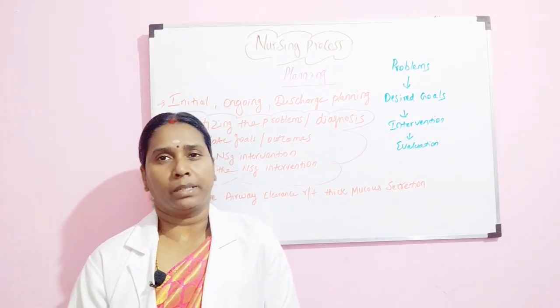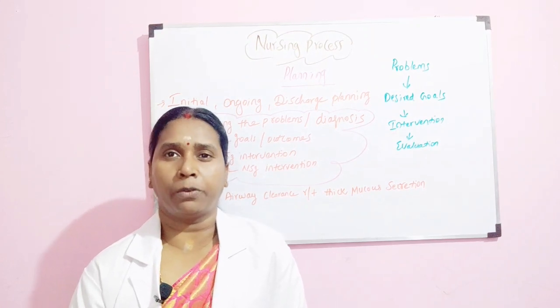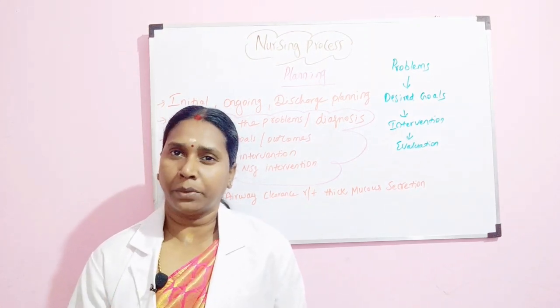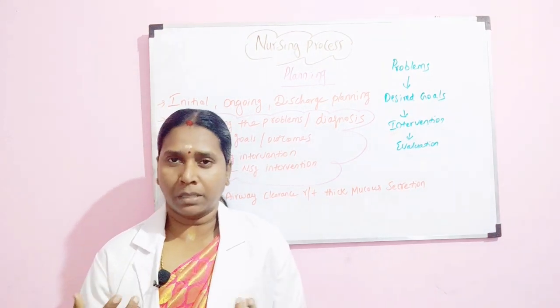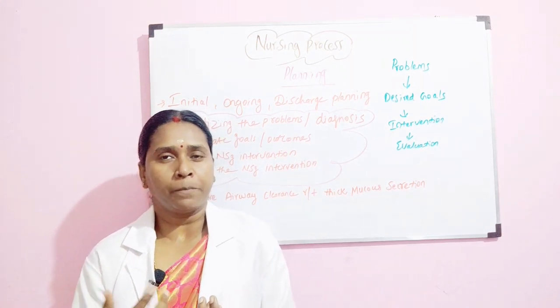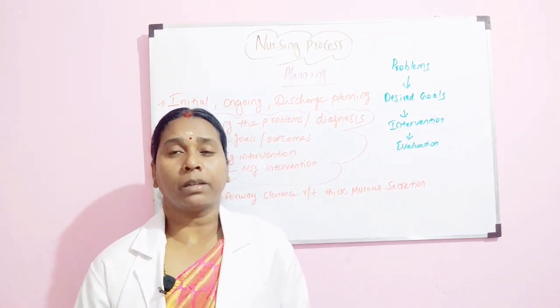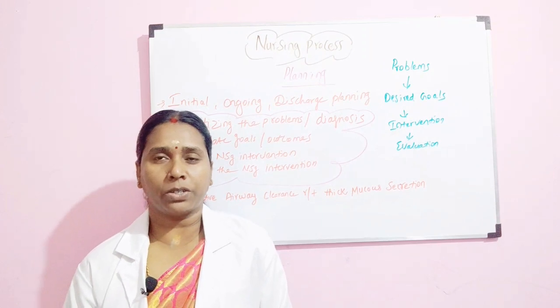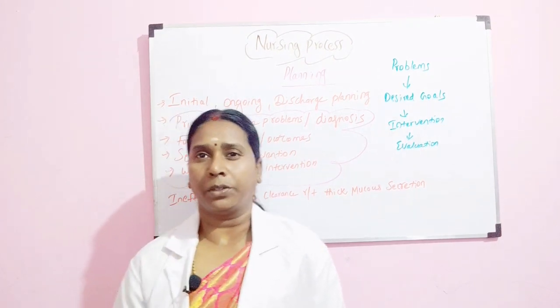What is the type of breath? That is like diaphragmatic breathing, intercostal muscle retraction is present, tachypnea is present, and the saturation level of the patient. All these things come under your assessment part.